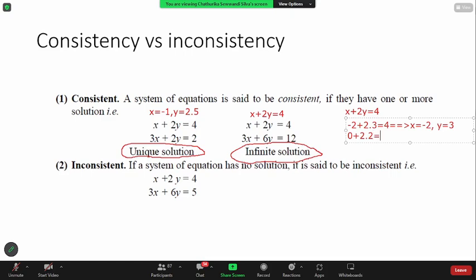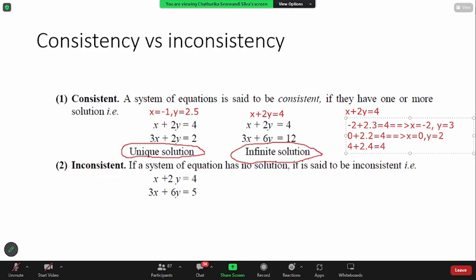Now we got 4. Then I put x equal to 4 plus 2 times something. What is the answer?